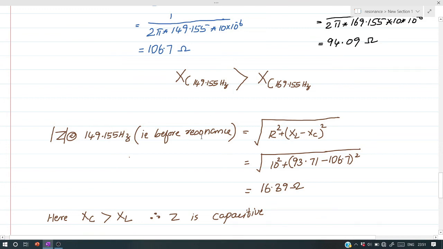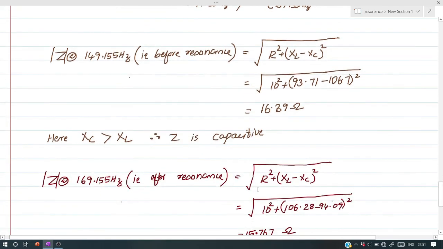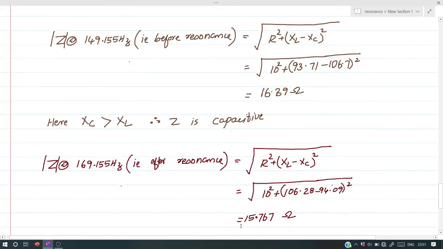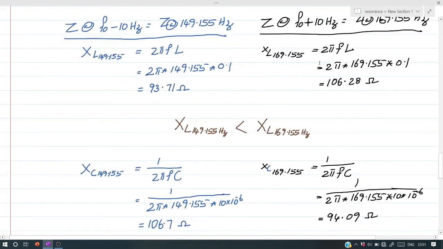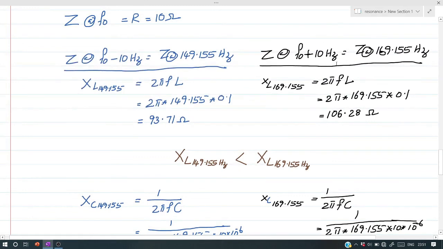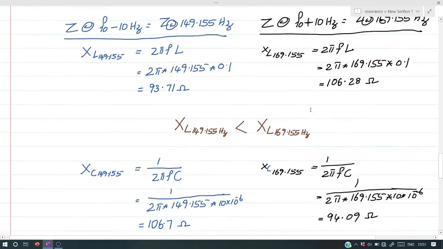Similarly, the impedance corresponding to 169.155 Hertz, that is after resonance, can be obtained by means of this equation as 15.767 ohm. Under this condition, it can be seen that inductive reactance is more compared to capacitive reactance. Therefore, corresponding to a frequency greater than the resonance frequency, the impedance is inductive.